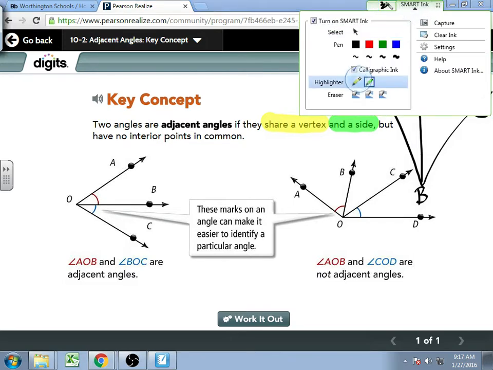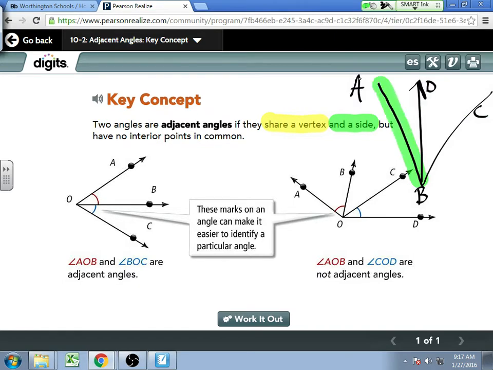They do share the side right here, and they do share the vertex at the bottom, but if ABC is my big angle and ABD is this angle, what that really means is they cannot be inside each other. They have to be beside, not inside. So they want to be beside, not inside.